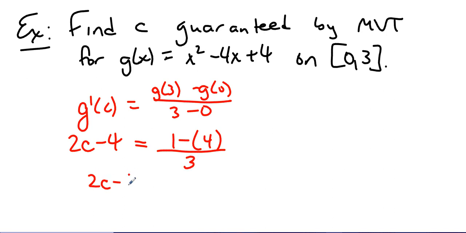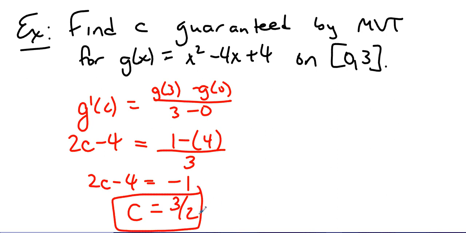So we've got 2c minus 4 is negative 1, and that makes c 3 halves. 3 halves does lie on that interval, and so we know that we're okay.